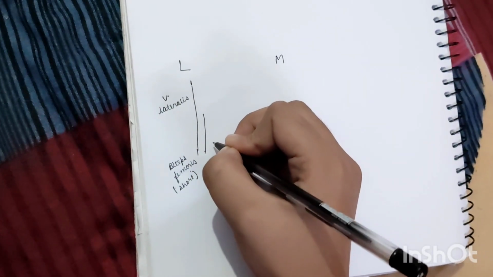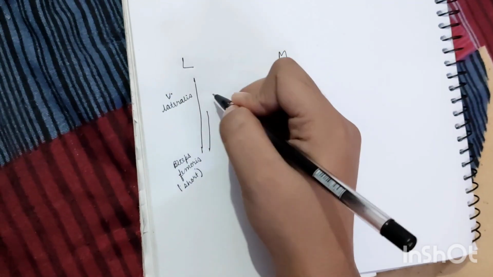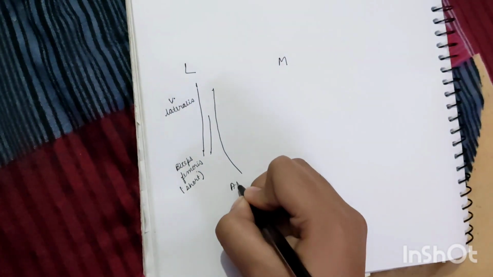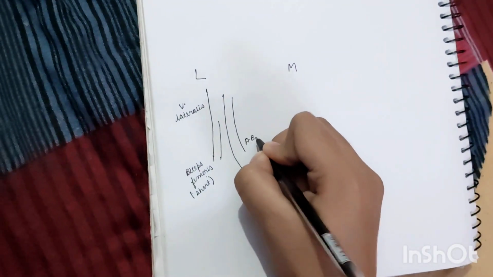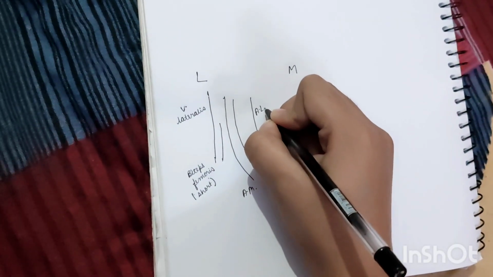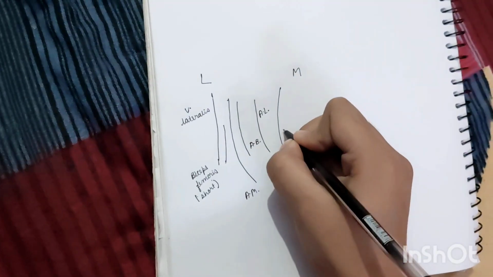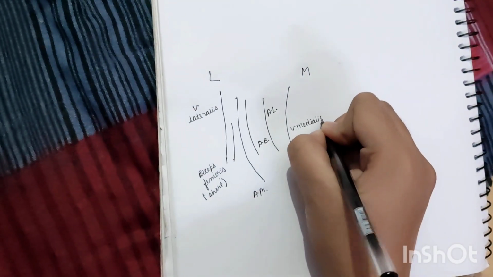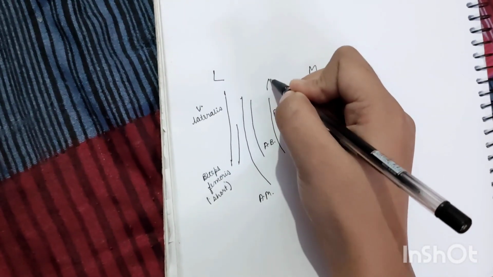And then more medially are present the adductor muscles. First the adductor magnus, and then adductor brevis, and then adductor longus. And then most medially is present the vastus medialis, and above the adductor longus is present the pectineus.